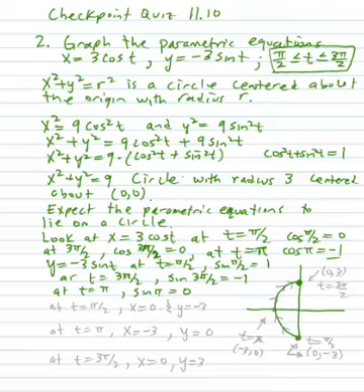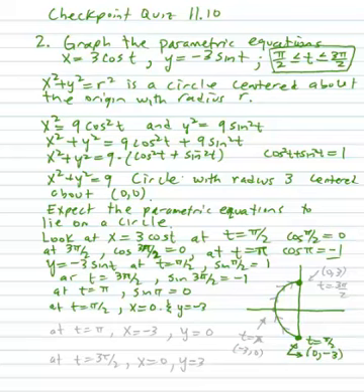Putting that together, we would expect the parametric equations to lie on a half circle on the left-hand plane. And we can verify this by looking at our points. At t equal pi halves, x was 0, and y is negative 3 times 1, which is negative 3. It looks like the starting point is at t equal pi halves. We have a point of 0, negative 3.